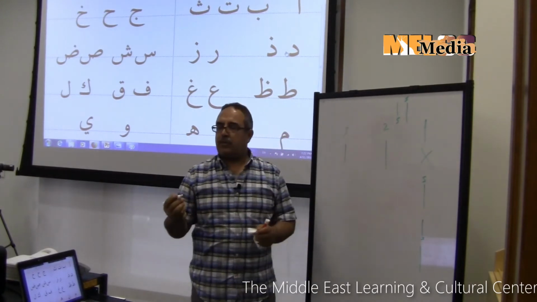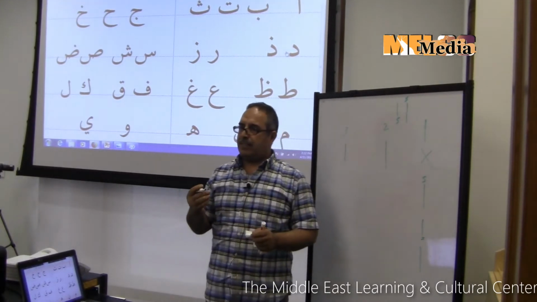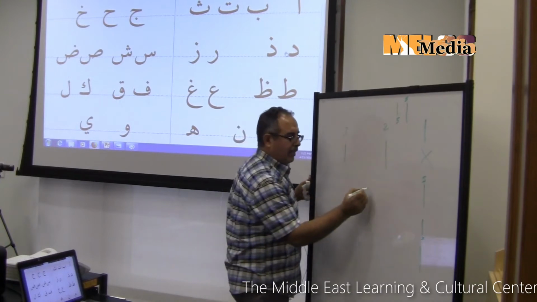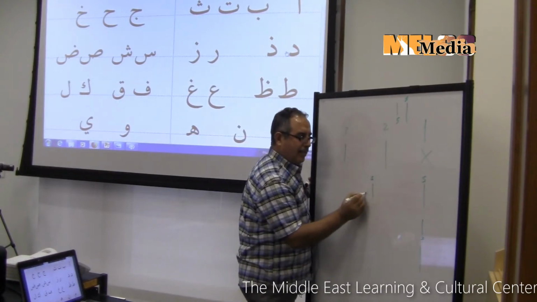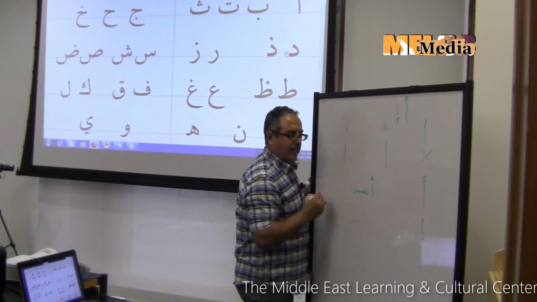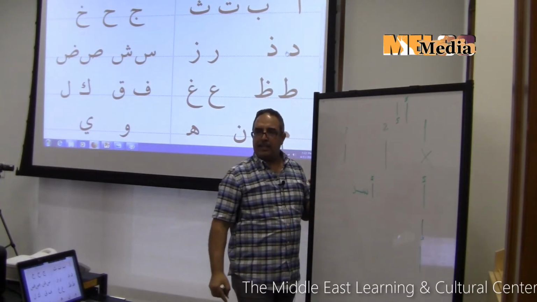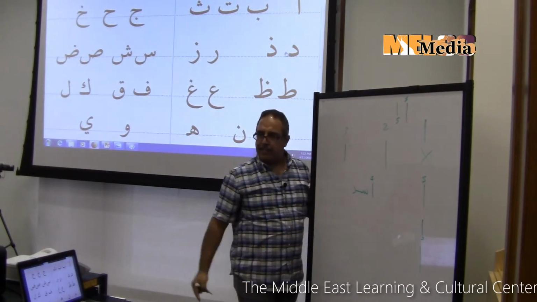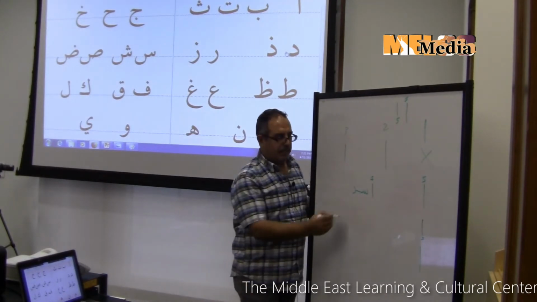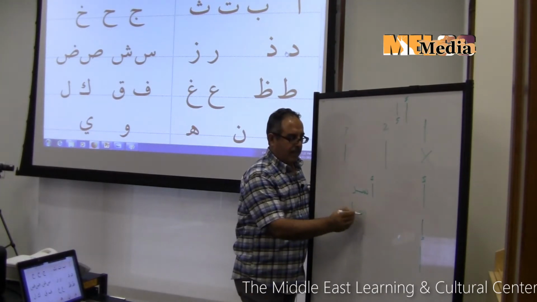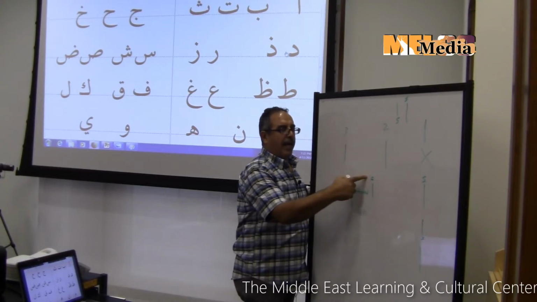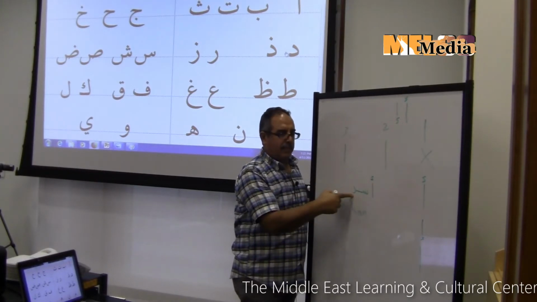Or another word, Asad. We mentioned this word last time. Sin, Dal. This is Hamza. Asad is lion in English. So this is Hamza, this is Sin, this is Dal.